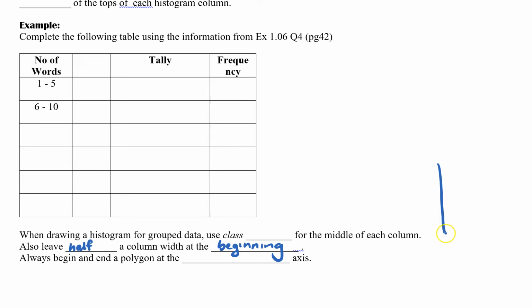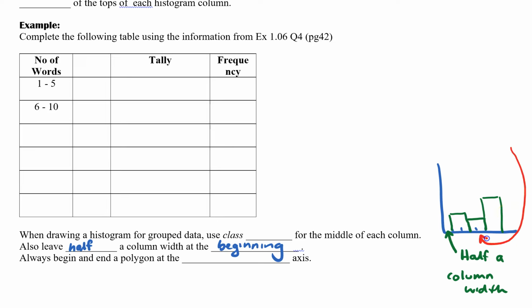So you'll have your axis, and you'll use your ruler to mark off your scale, and you'll be marking your scale along here, and each column, for example, maybe like this, and the next one may be here, and the next one may be up there, etc. You must leave half a column width. So it's actually a good idea to mark this scale in half column widths.